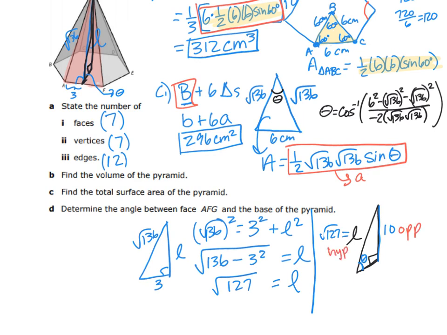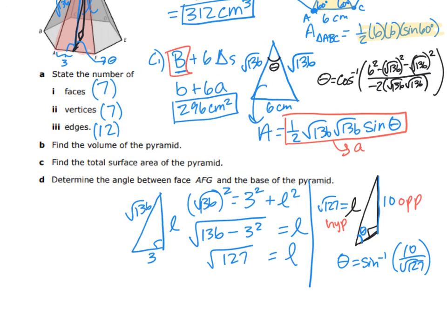So theta is going to be sine inverse of opposite over hypotenuse, that's 10 over the square root of 127. Grab your calculator, make sure it's in degree mode, and theta turns out to be, to 3 significant figures, 62.5 degrees. So that was our answer to part D.